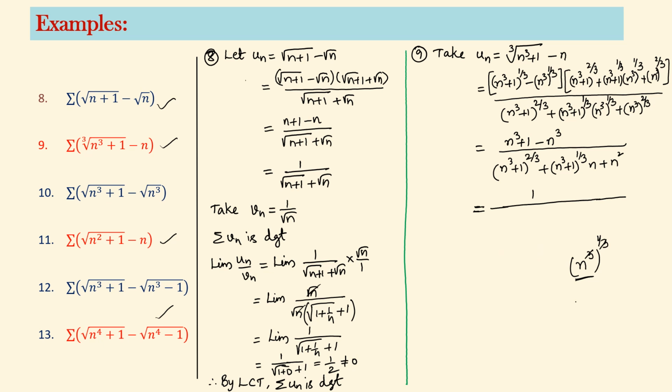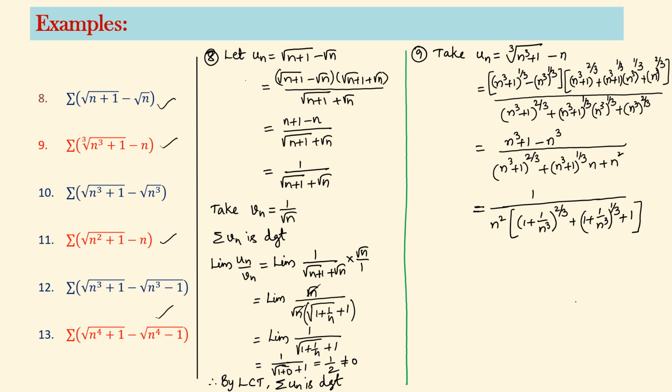The first term will become (1 plus 1 by n cube) power 2 by 3. The second term will become (1 plus 1 by n cube) power 1 by 3. The third term will be 1. So instead of taking this common in the next step while applying the limit, I have taken it now itself.